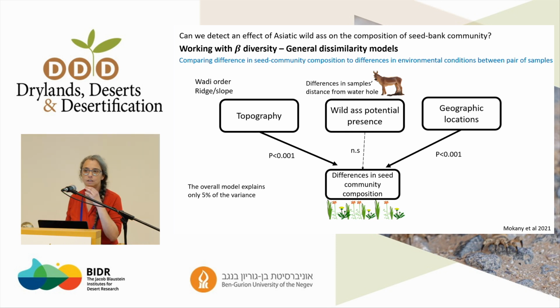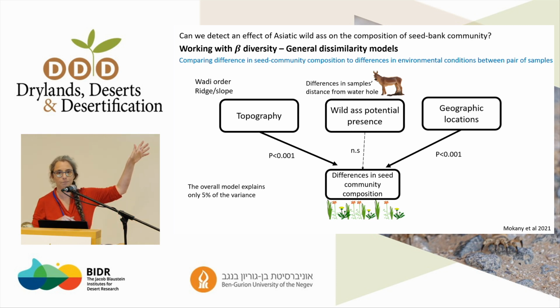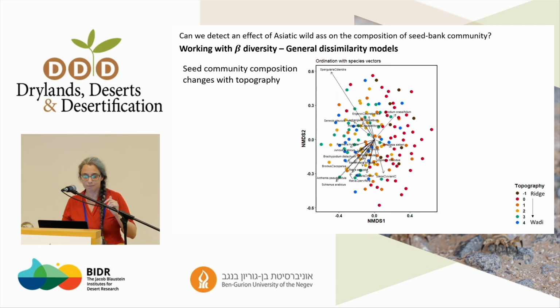I'm not going to go into the details, but I want to emphasize three things here. First of all, the model itself was pretty weak, so most of the variance in the seed bank diversity was not explained by this model. But if anything did explain the diversity, it was topography again. So very similar results.